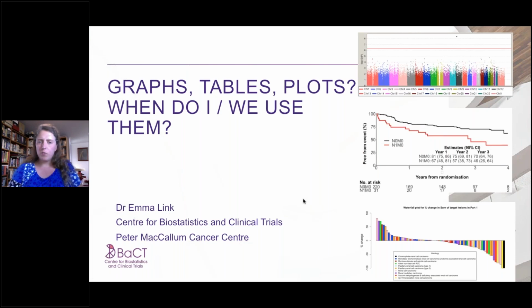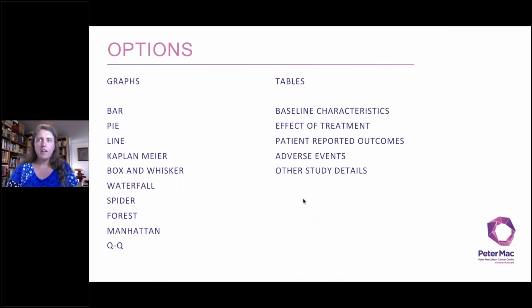So graphs, tables, plots. How do you work out what to do with them? Basically, this is a communication tool that you can use to get what you know into the minds of other people. If we've got a graph, we have a variety of different ways we can transform the data and put it onto the page or into an animation.